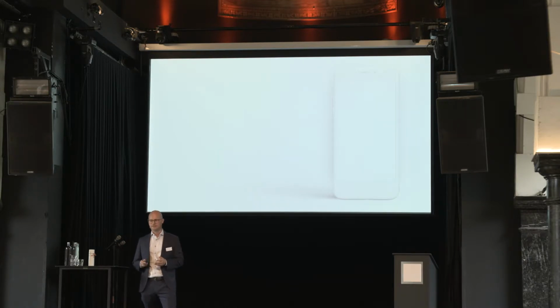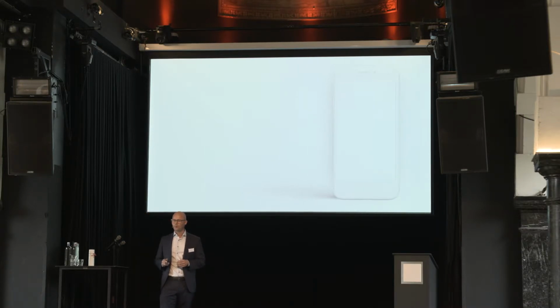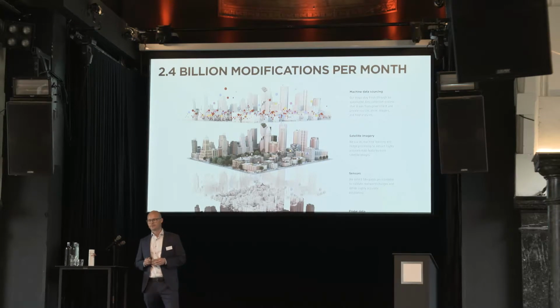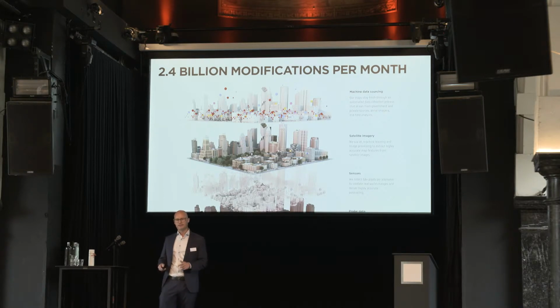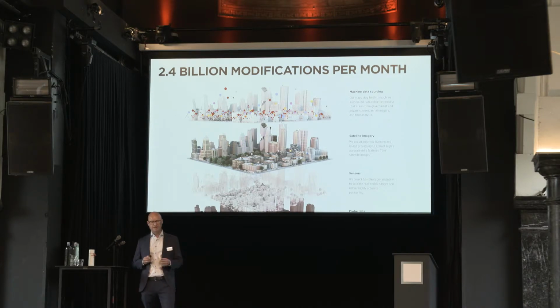drivers every single day. When we ask our customers what is really important, it is map freshness. And we can tell our customers that we are doing 2.4 billion modifications every month, which is absolutely helping our story towards our customers. Of course, there are a lot of other things which are important, as you can see in the slide, in terms of different sources coming into our map database.